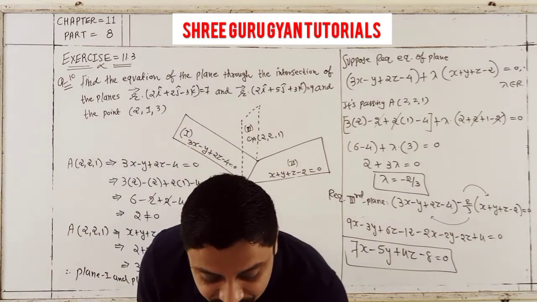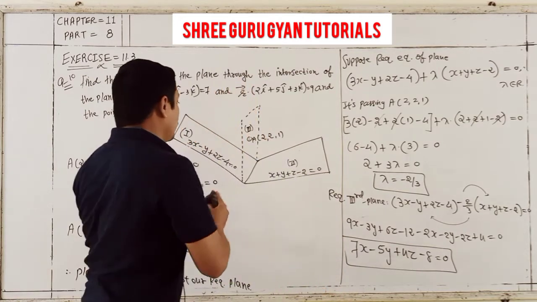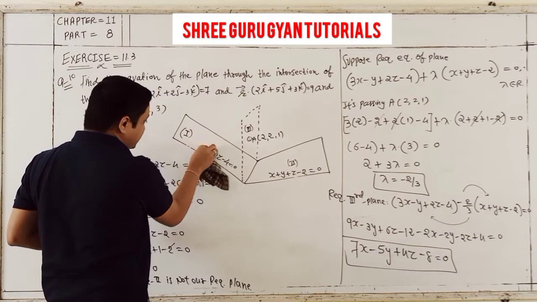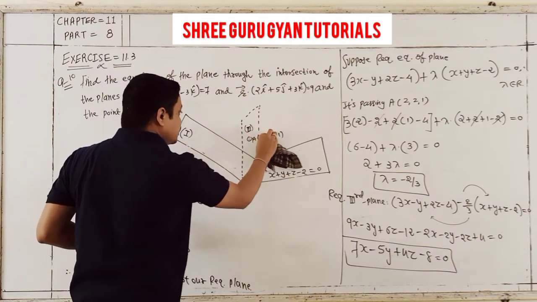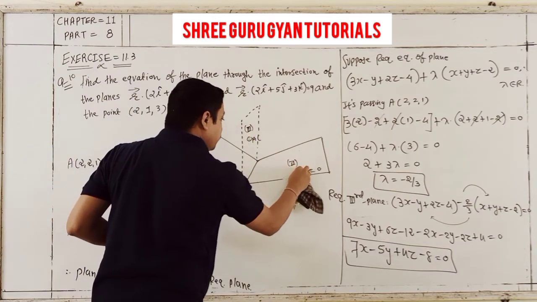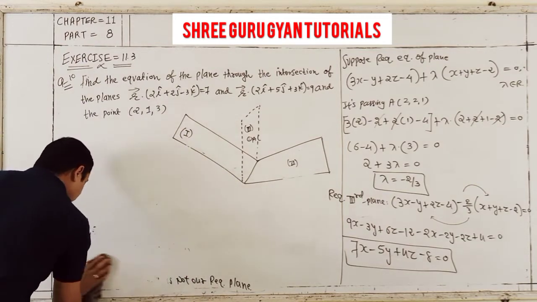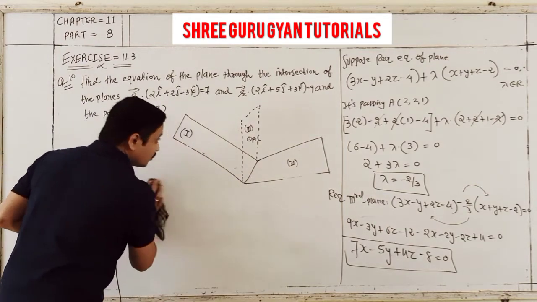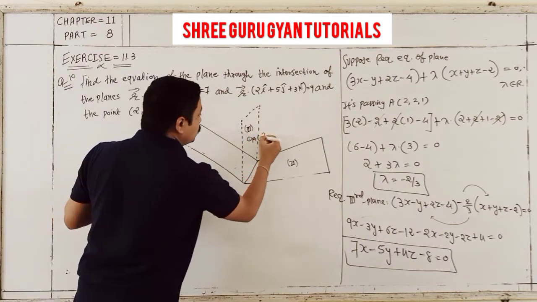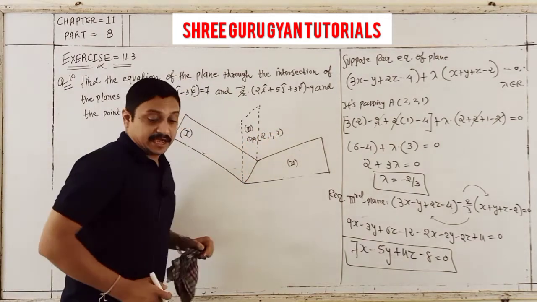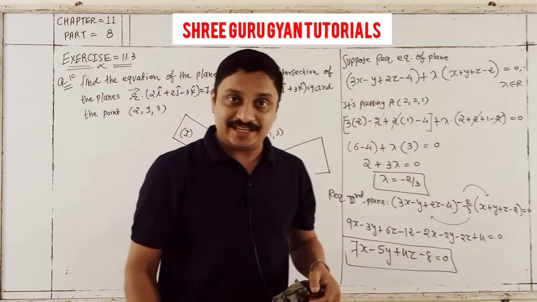It's very easy. The process is the same, the drawing is also the same, only the planes are changed. Students, the point and the plane equations are changed, and first of all I go to checking. My point A is (2, 1, 3), and I check again, yes.